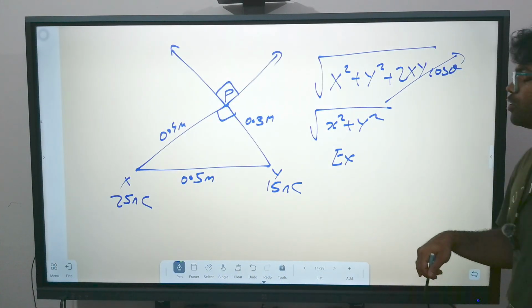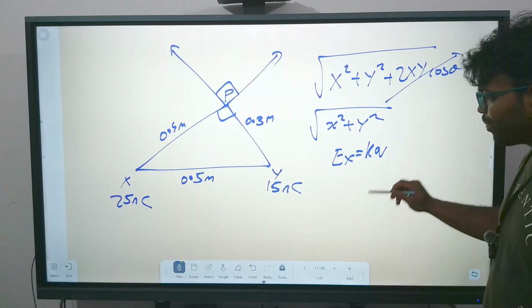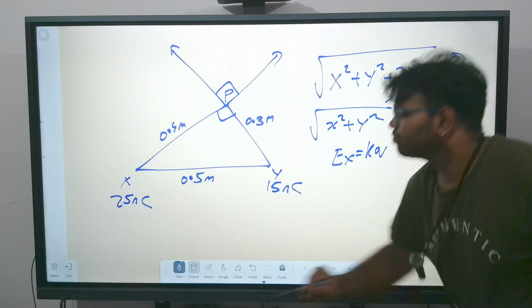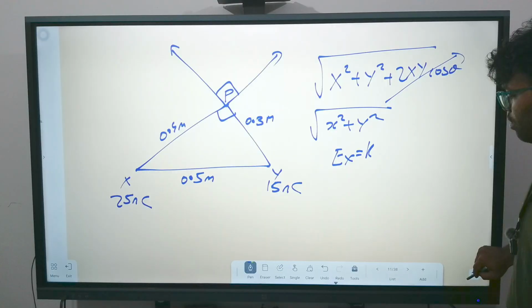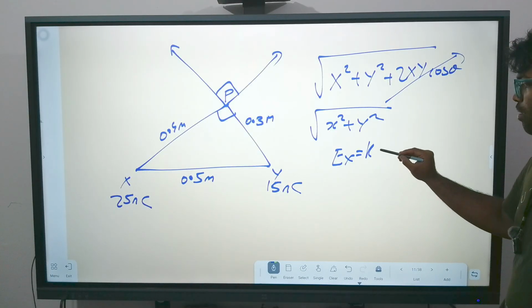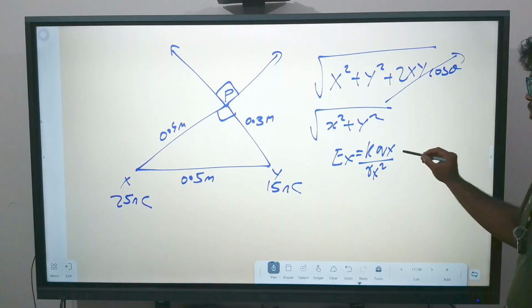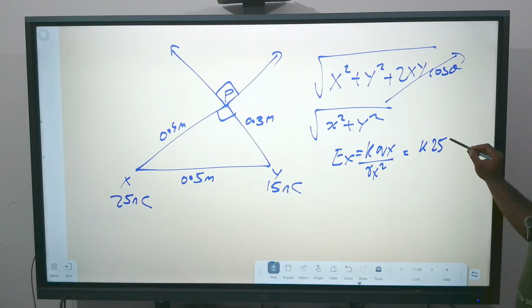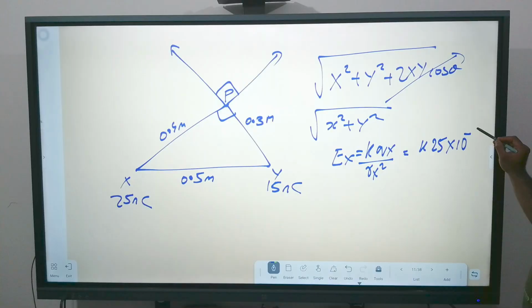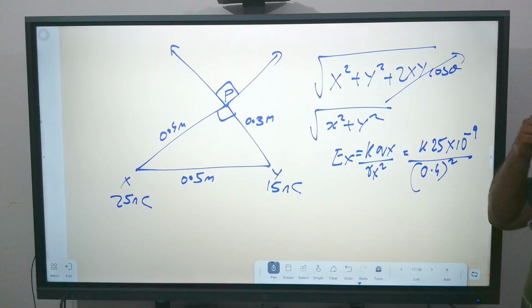Ex becomes equal to k q of x upon r of x the whole square, which is equal to k into 25 into 10 to the power of minus 9 upon 0.4 the whole squared.